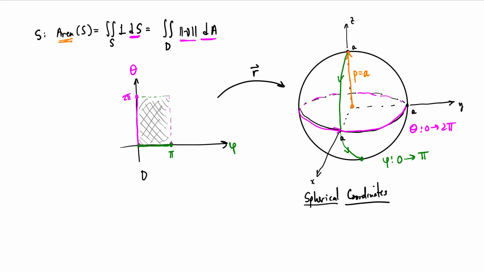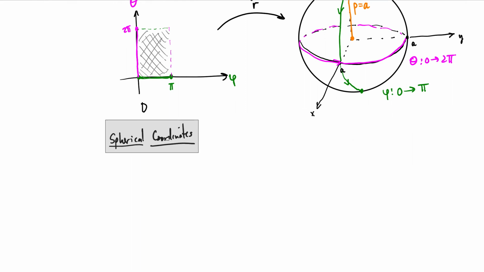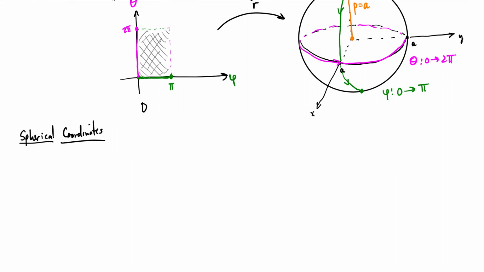The next step is we actually need to write down a formula for the parametrization, and this formula comes from just utilizing spherical coordinates. So let's come over here and do this.